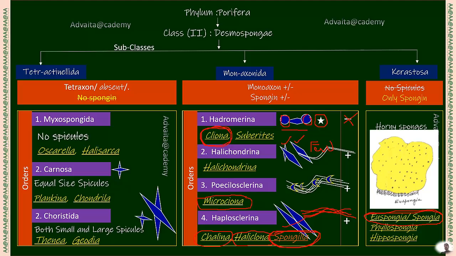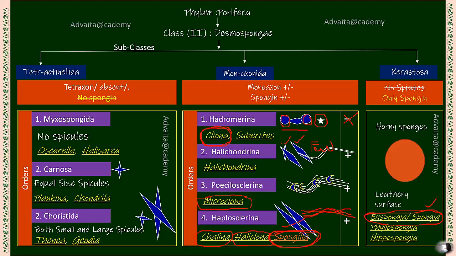Remember, Spongia is without any spicule. That's why this is called toilet sponge. We often use it to remove dead skin. And the second example is Phyllospongia. Phyllo means leaf-like. And Hippospongia means horse-like sponges.